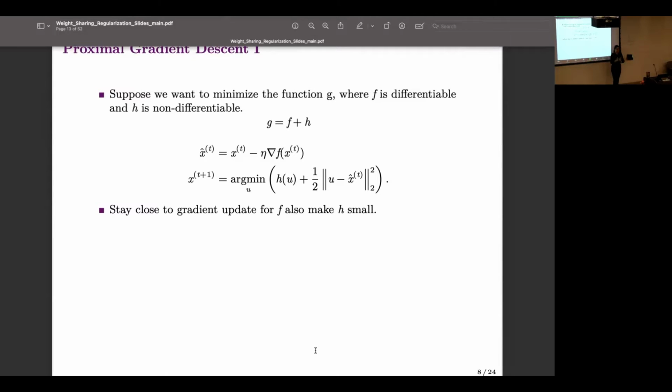This is the intuition of the proximal point method. The hope is that we can solve this argmin exactly. Actually, for most important h's in the machine learning literature, we can solve this argmin exactly. And if we can solve it exactly, the next iteration is obtained with the solution.